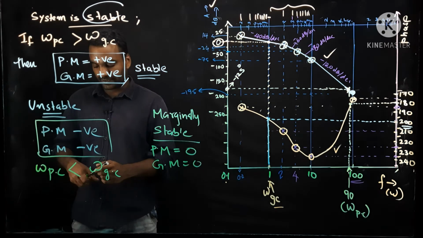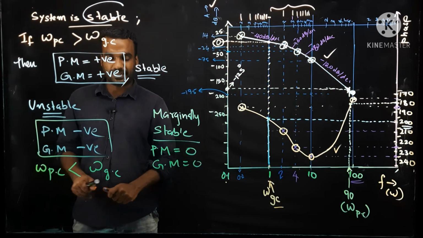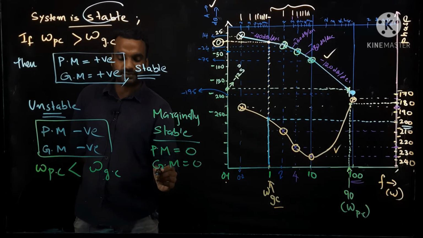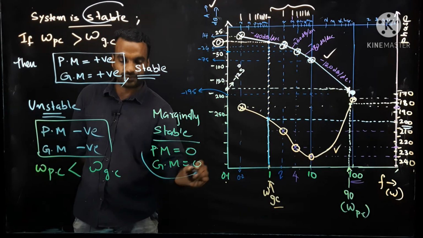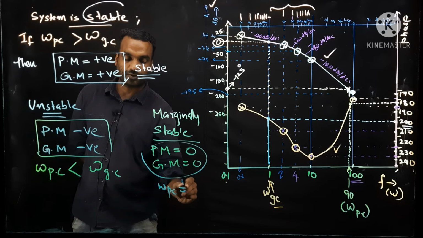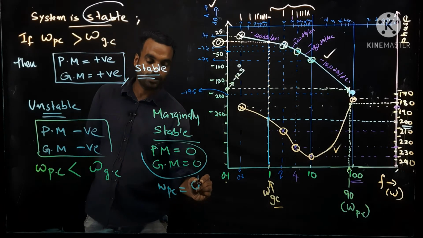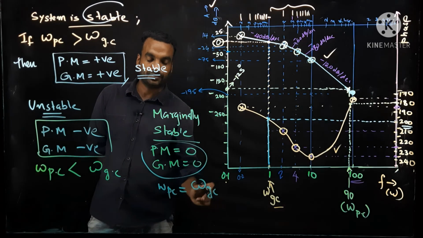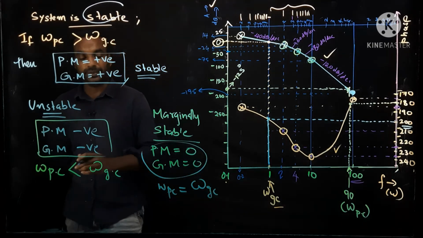In such a condition, where gain margin and phase margin are 0, the gain crossover frequency should be equal to the phase crossover frequency. Both these frequencies will be equal.